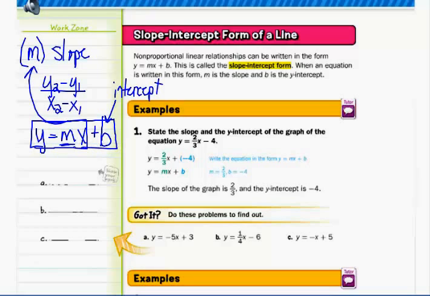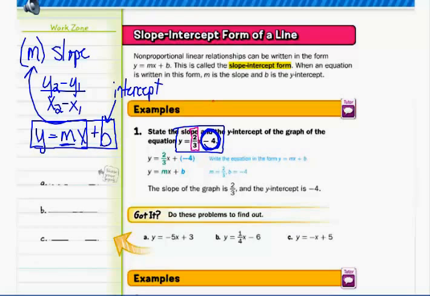So let's say example 1, the equation y equals 2/3 x minus 4. Just looking at this, you're going to say that the y-intercept is negative 4 and the slope is 2/3.